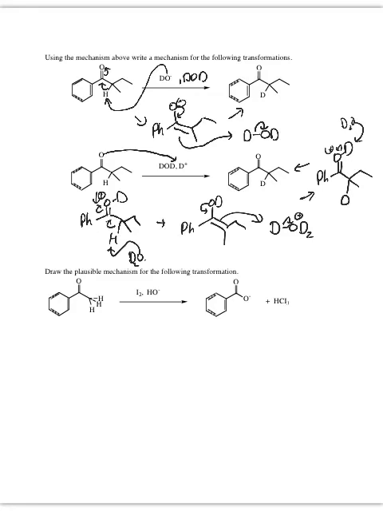In the next one, we have excess iodine and hydroxide in a carbonyl with an alpha methyl. So the first thing that's going to happen is our hydroxide is going to go grab a hydrogen to form the enolate.